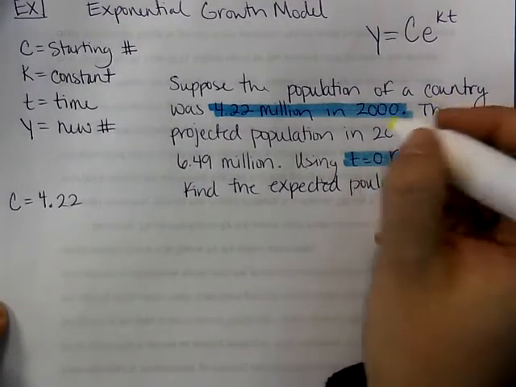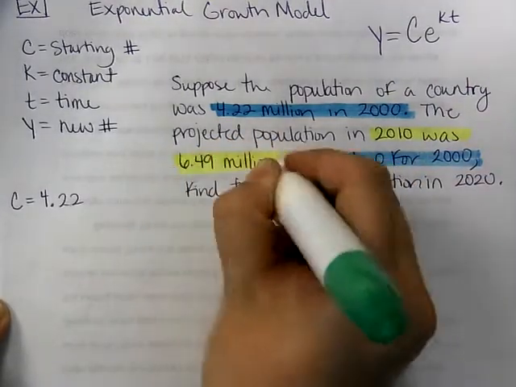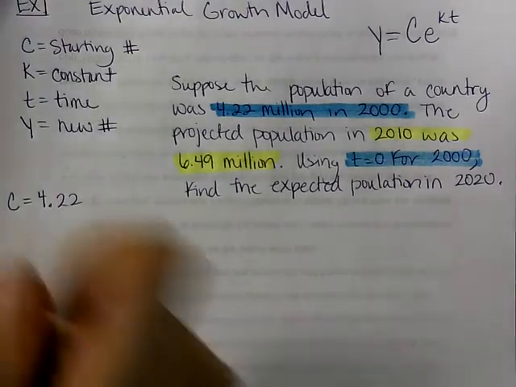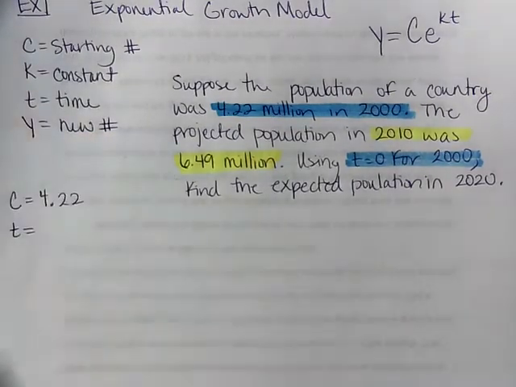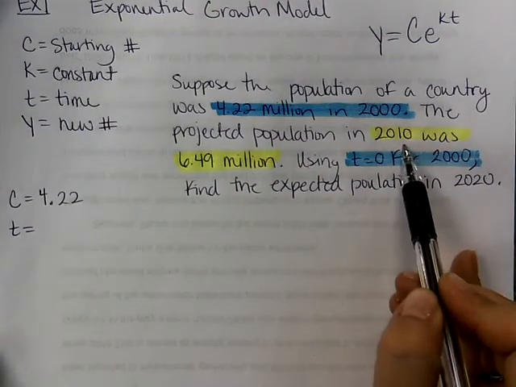In our situation, it is like the midway. So in 2010, my population was 6.49 million. That's almost like an ordered pair, isn't it? Where they give me time and then they give me the population. So do you agree that I have T? T is 10.